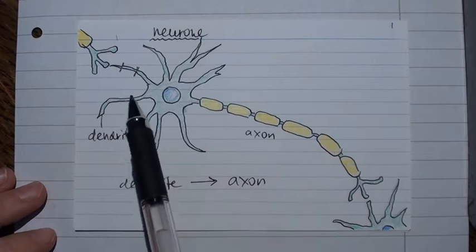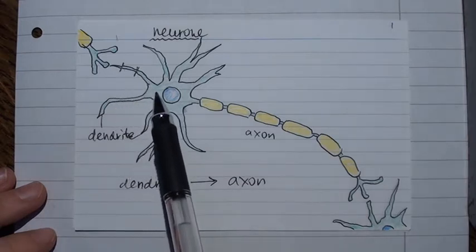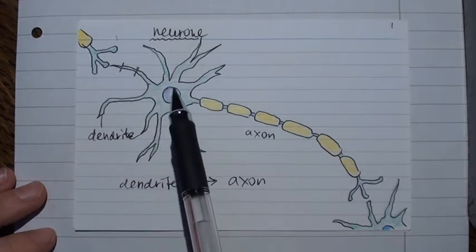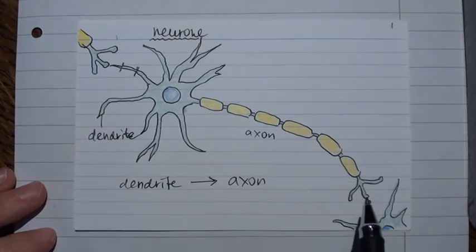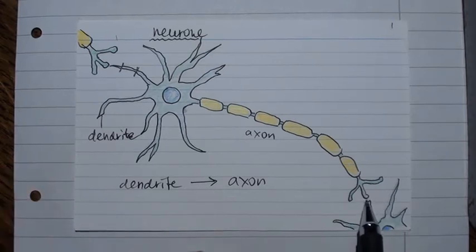So the impulse is going to keep on traveling from the dendrite onto the axon and carry on until it gets to that bit. And this is where the impulse will need to get from the end of this neuron to the beginning of the next neuron, from the end of the axon to the dendrite of the next neuron.